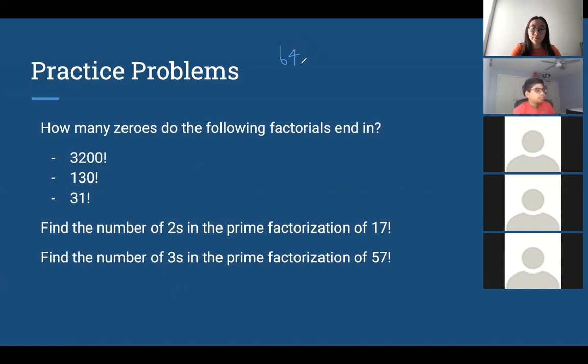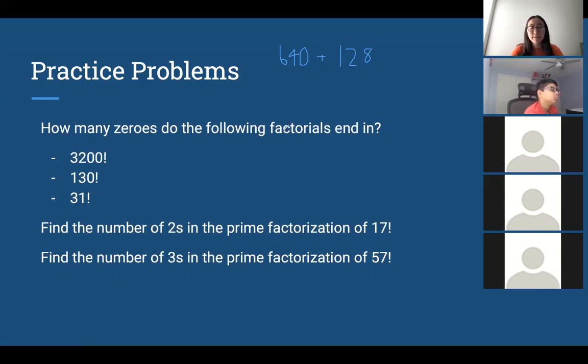That's part of the answer, but then we're undercounting because there are also a lot of numbers divisible by 25 inside that factorial. Those would have two 5s because 25 is 5 squared. So we need to count all of those as well. We do 3,200 divided by 25, which equals 128, and we add that to the first.